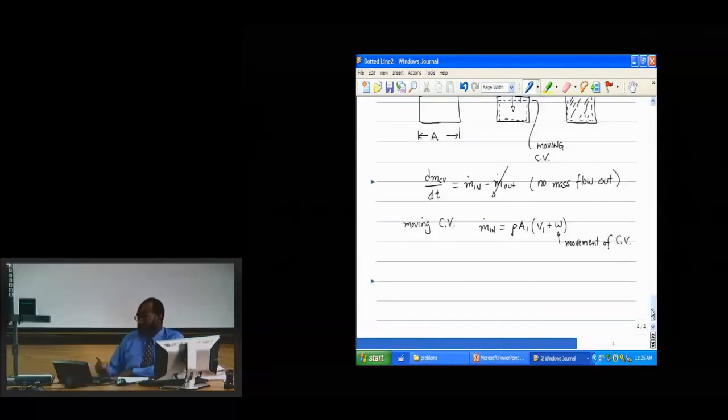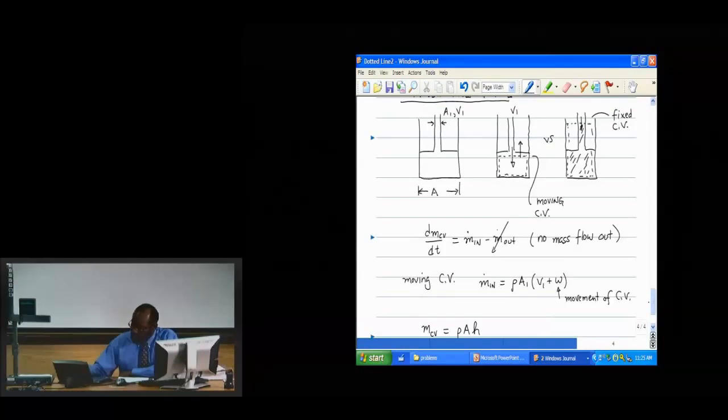So just to move this along, the mass of our control volume is going to be the density of the liquid times the area of our chamber, of our channel, times the height of the liquid at any time.